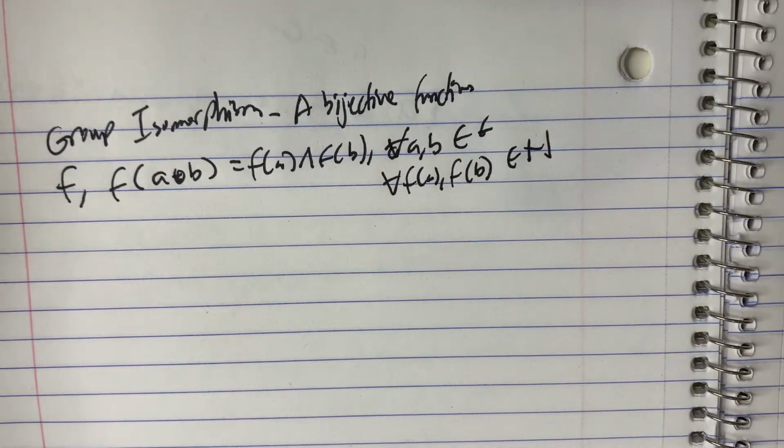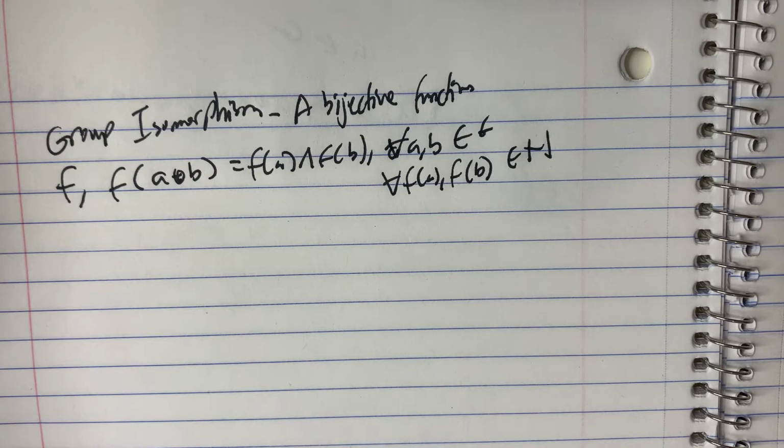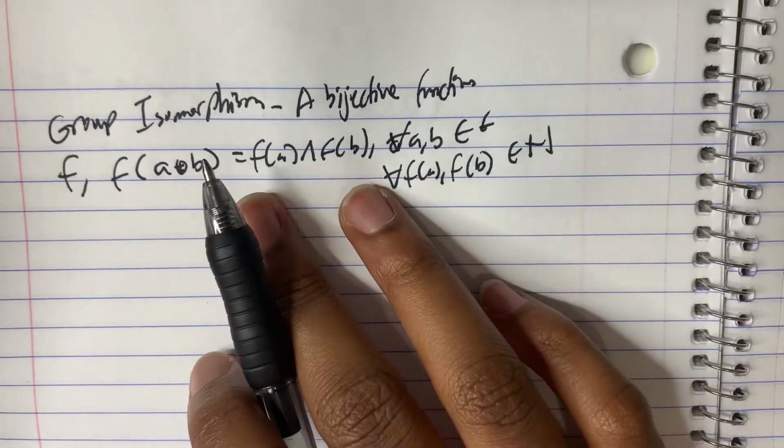If this definition is confusing to you guys, then watch my last video. I cover it in full detail and motivated as well. So that's what a group isomorphism is.